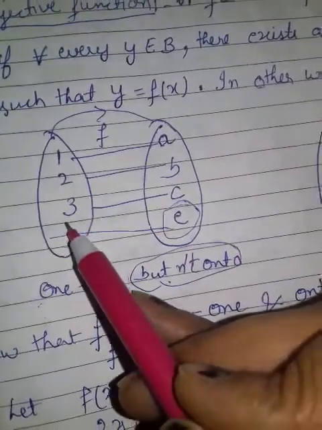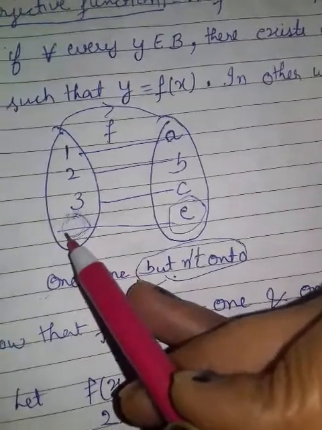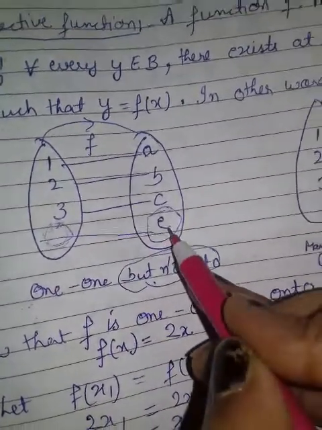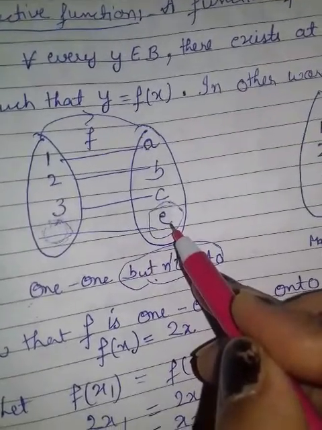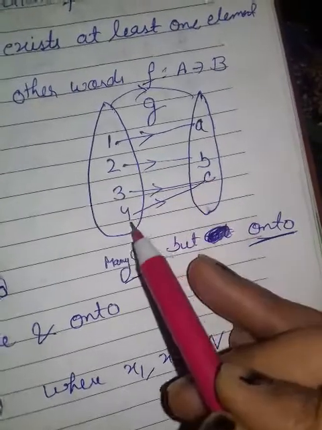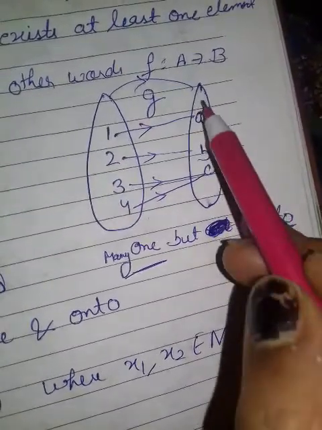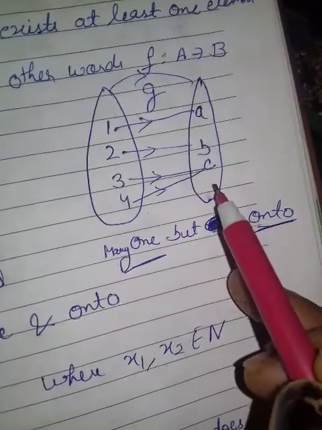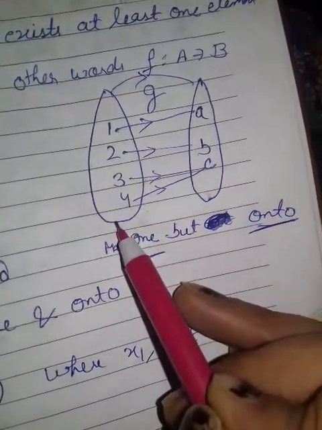If an element is left free here, then it is not onto. One more example: this is many-one, and this is onto because no element is without a pre-image.